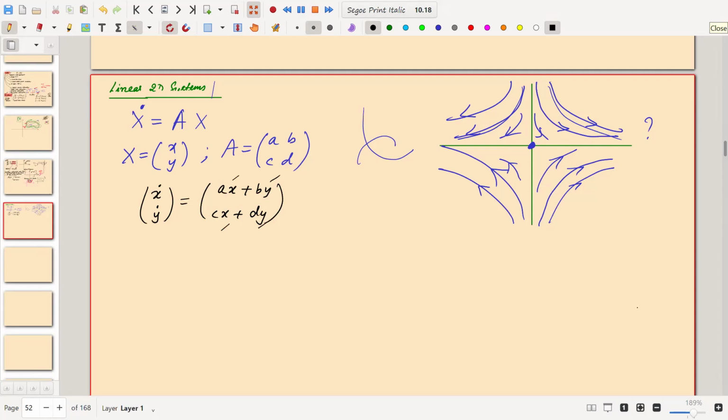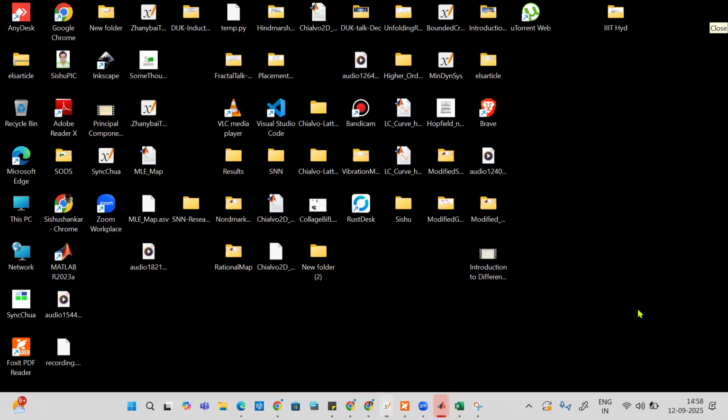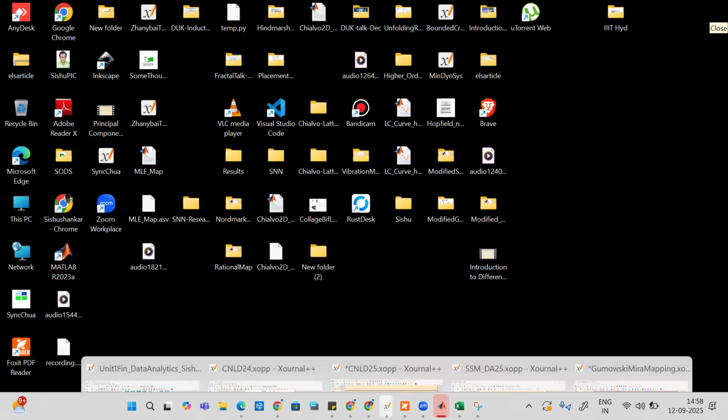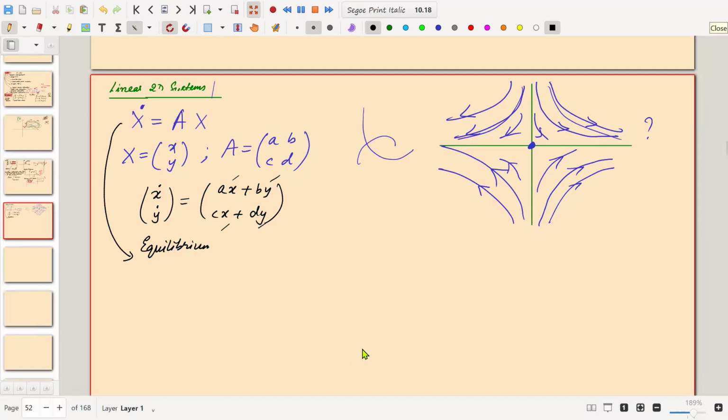Now, what is the equilibrium point of linear systems? What are the equilibrium points?